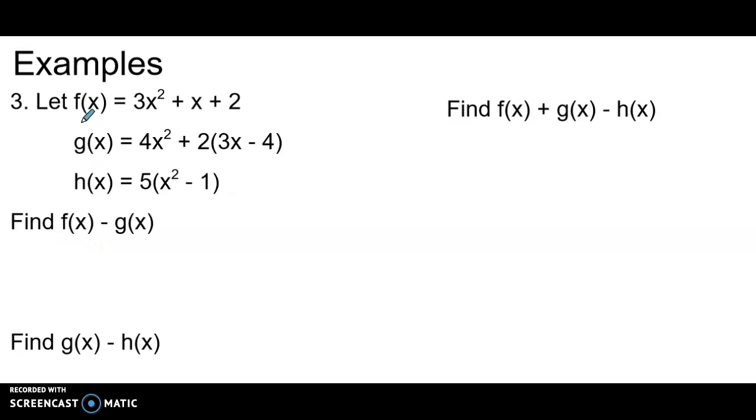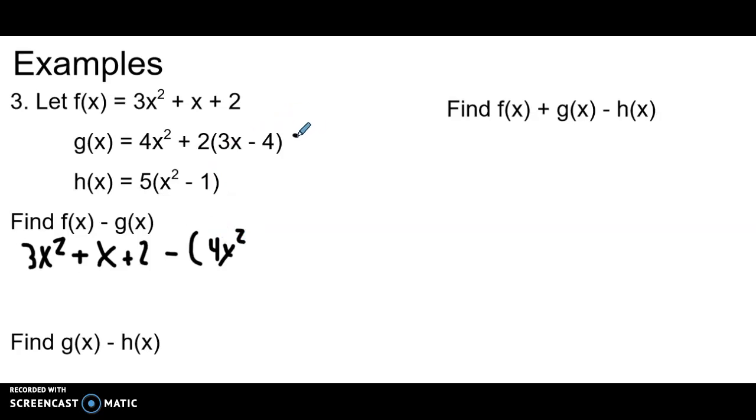So what we're going to do is take our f of x and our g of x and subtract them. So f of x is 3x squared plus x plus 2. We're going to subtract g of x, which was 4x squared.